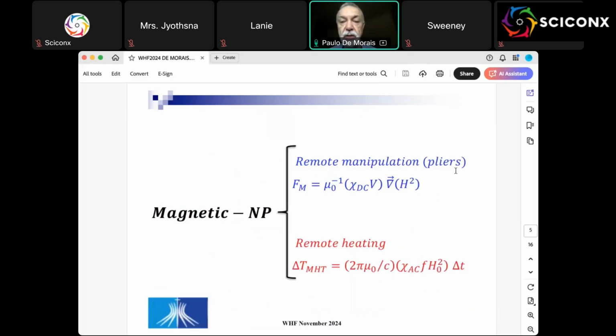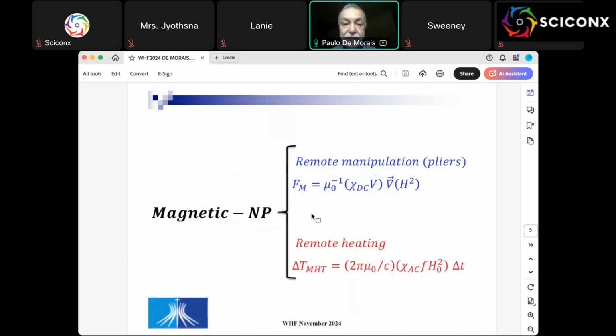So you can move around the magnetic nanoparticles, and eventually you can locate them in a special spot, the one where you want to promote heating. And the force applied to the magnetic nanoparticles due to a gradient of magnetic field scales with the DC susceptibility, and also scales with the size of the nanoparticle, the volume of the nanoparticle.